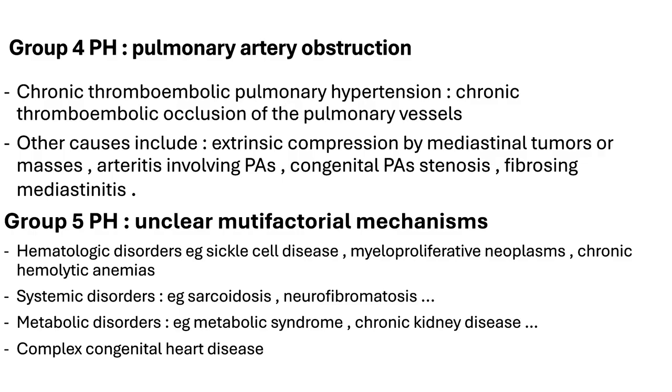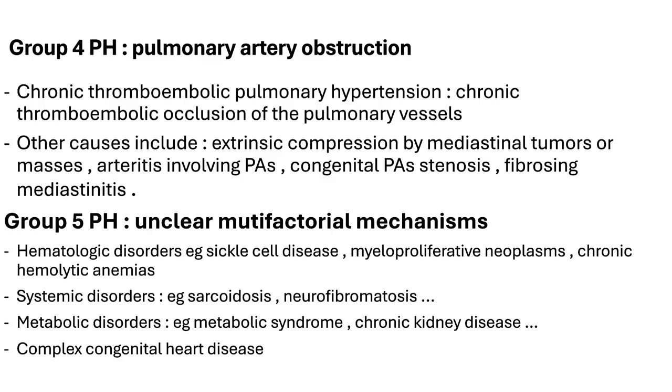Group 4 of pulmonary hypertension is the pulmonary artery obstruction group, which can be, for example, chronic thromboembolic pulmonary hypertension, and can also include compression by some tumor like mediastinal tumors or masses, or, for example, arteritis involving the pulmonary arteries, or it can be a congenital stenosis of the pulmonary arteries.